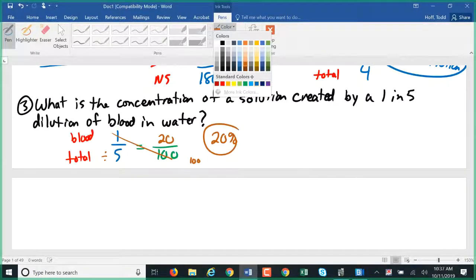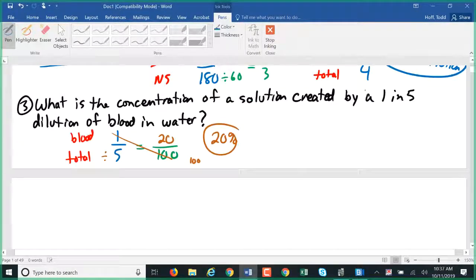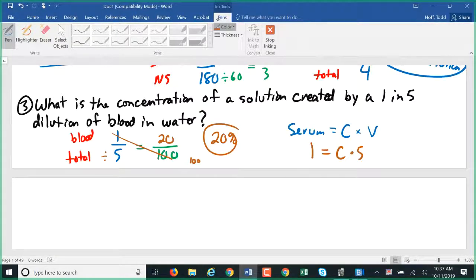The other way we could have gone about that is we could have used that concentration formula that says the amount of the active ingredient, or the amount of serum, is equal to the concentration times the total volume. Here we have 1 part serum equals the concentration times 5 parts total volume, and we could solve that for the concentration.